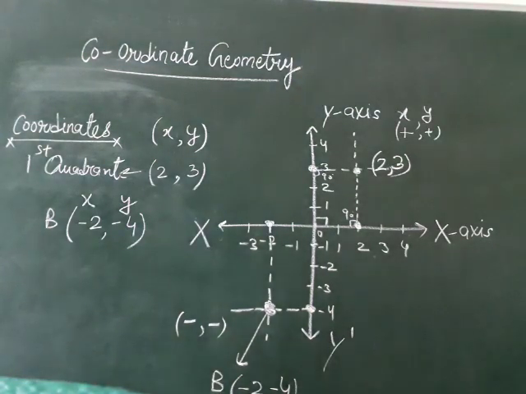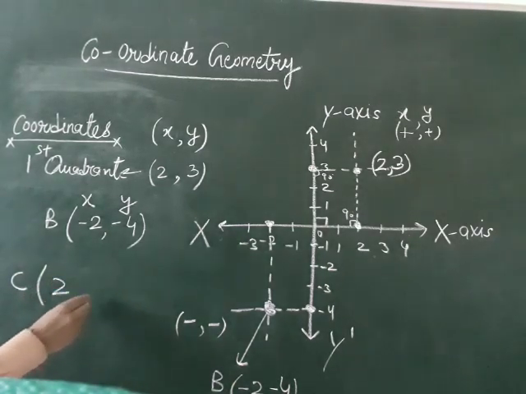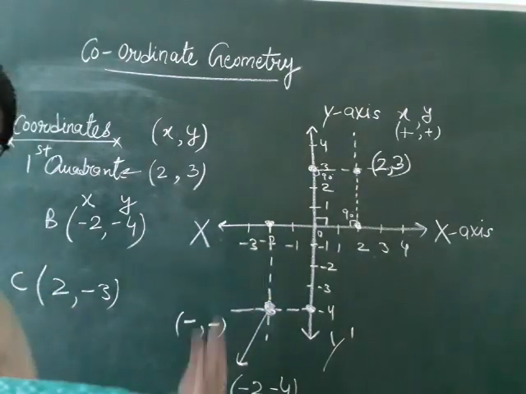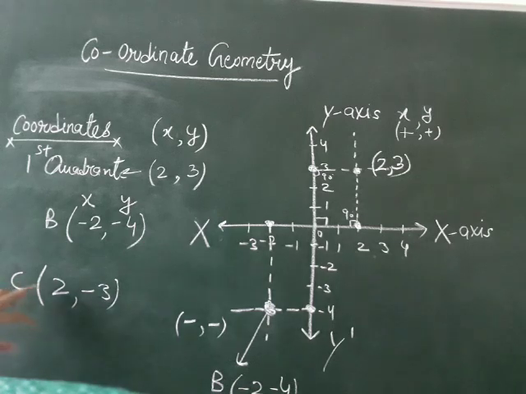Let's have another example. C, we have to plot C and it is of the type (2, -3). We have to plot (2, -3) here. How can we proceed with our work? You know this value is of x and this value is of y.